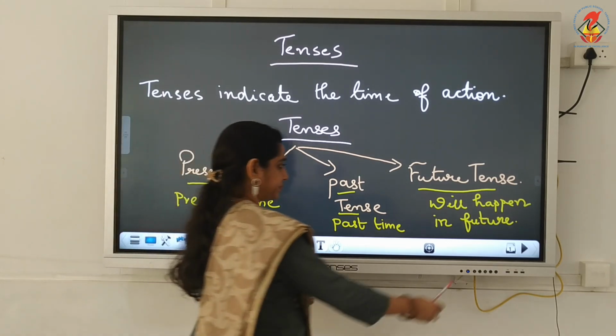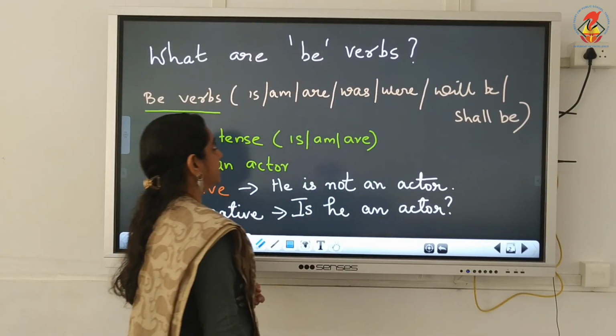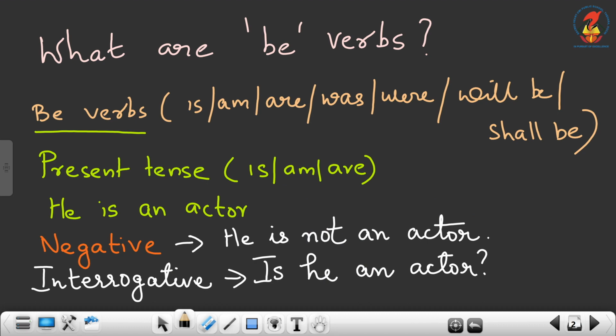Okay, now next, be verbs. Before going into depth, let us study about be verbs. What are be verbs? Be verbs means the verbs like is, am, are, was, were, will be and shall be are called as be verbs.